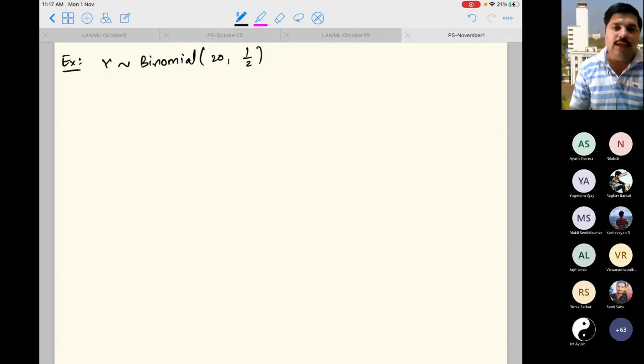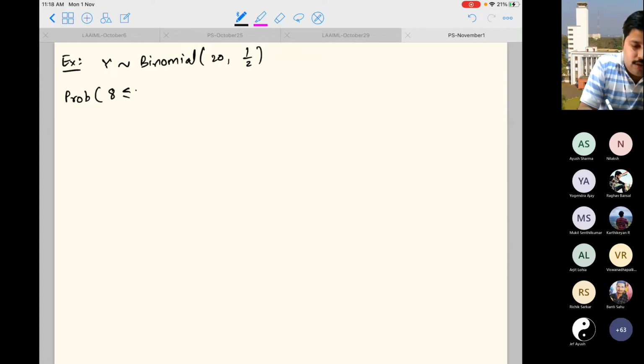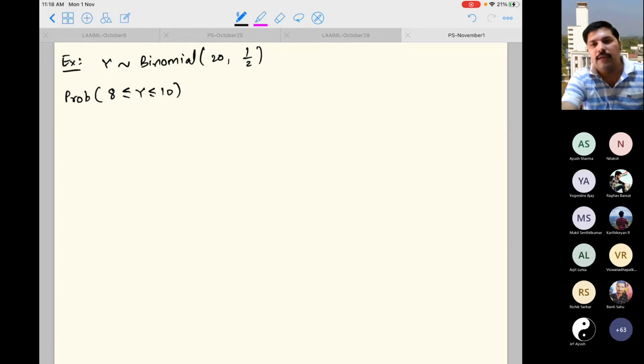So what am I interested in calculating? Suppose I am interested in calculating the probability that 8 is less than or equal to Y less than or equal to 10, where n is equal to 20.